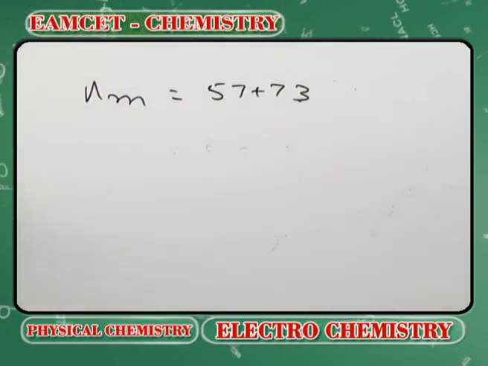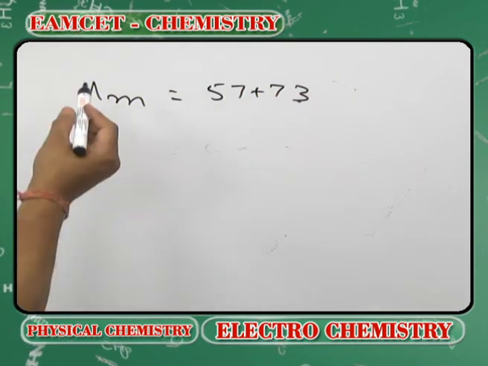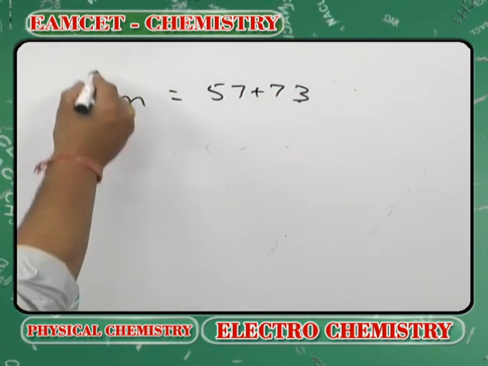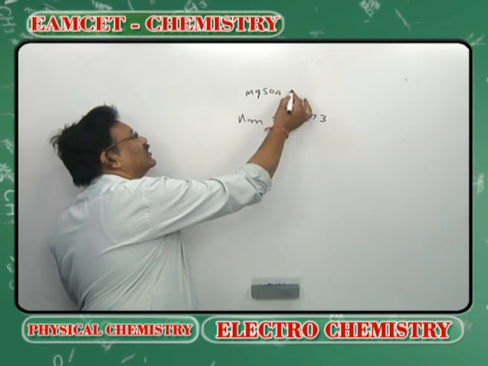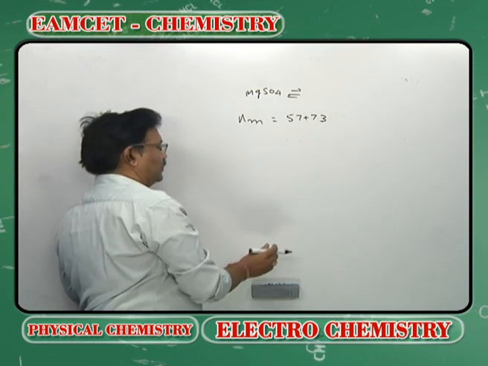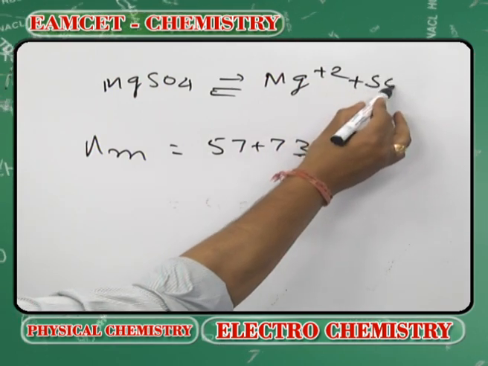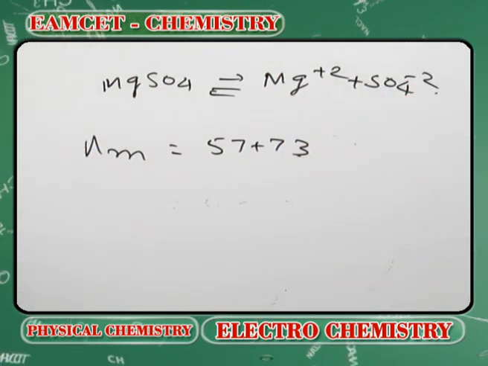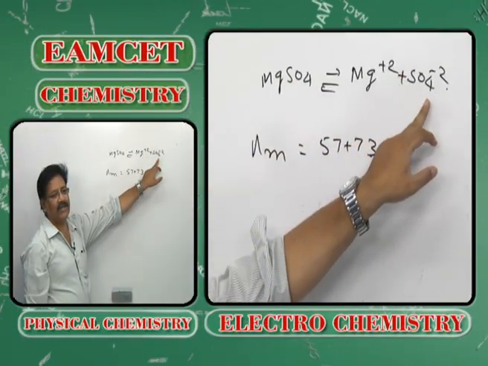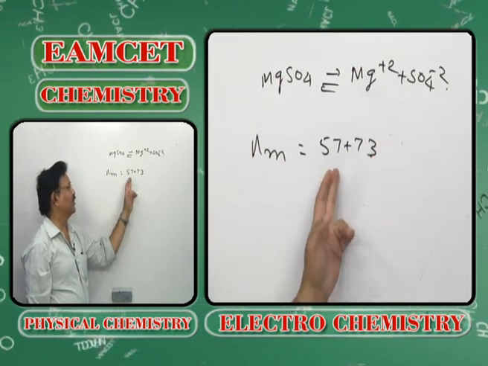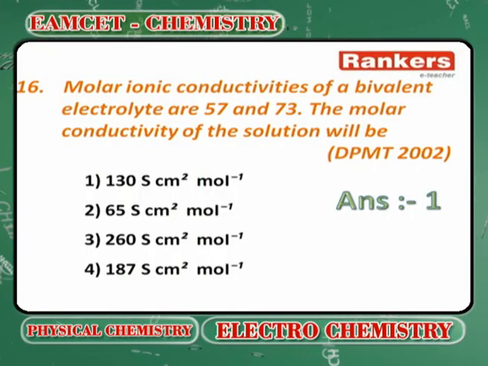Because if we take a solution like MgSO4, it ionizes into Mg plus 2 and SO4 minus 2. The molar conductivity is that due to Mg plus 2 plus that due to SO4 minus 2, so 57 plus 73 is 130. Option 1 is the answer.